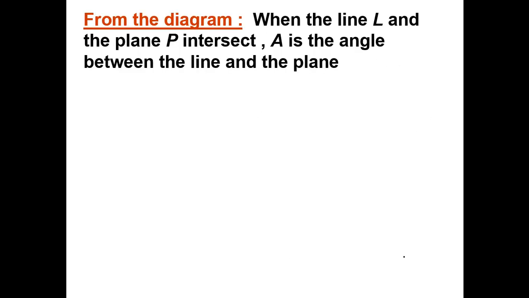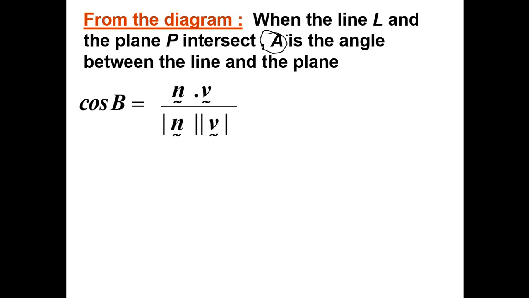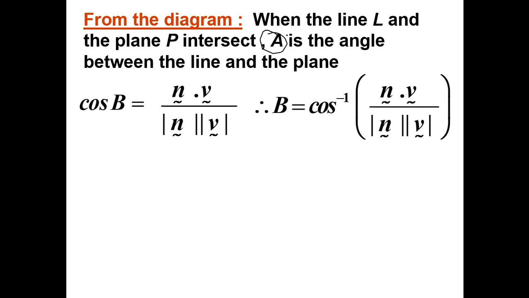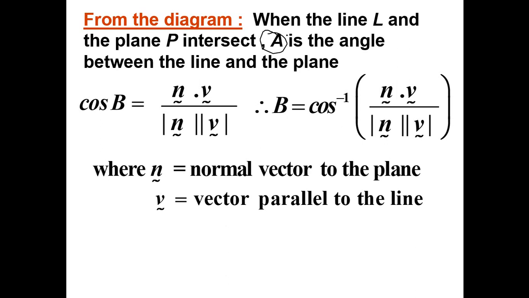From the diagram, when the line L and the plane P intersect, A is the angle between the line and the plane. To find A, you need to find B, using cos B equals vector N dot V over modulus N modulus V. N is a normal vector to the plane and V is parallel to the line.